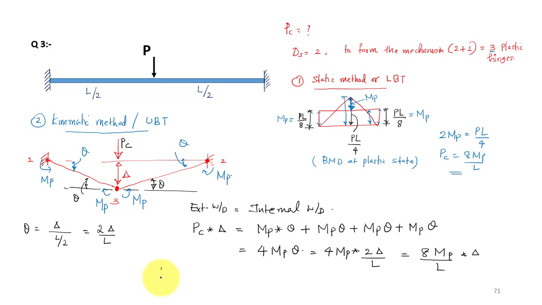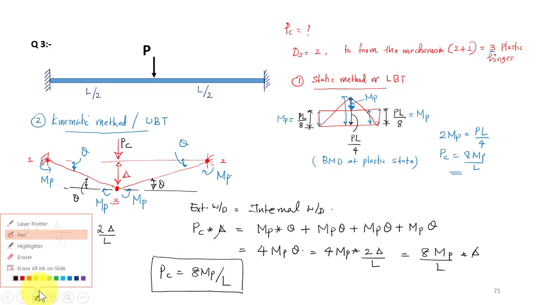So your collapse load PC is finally equal to 8 MP by L. So again we got the same answer by both static and kinematic methods. Collapse load is equal to 8 MP by L.